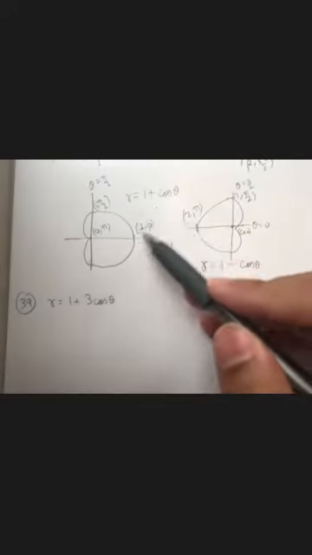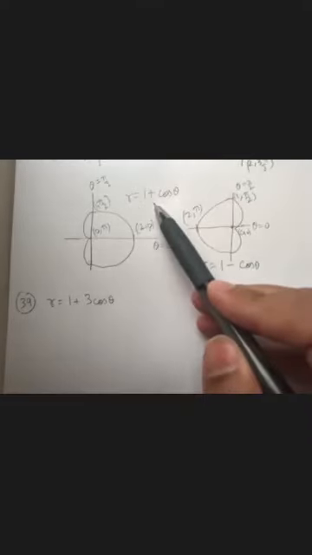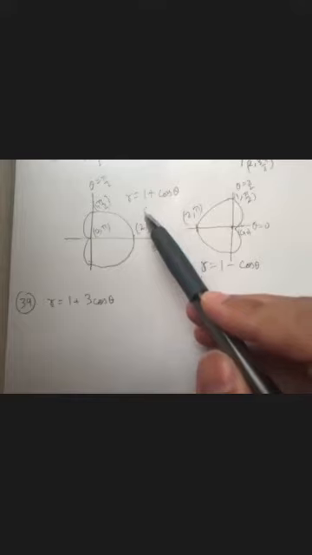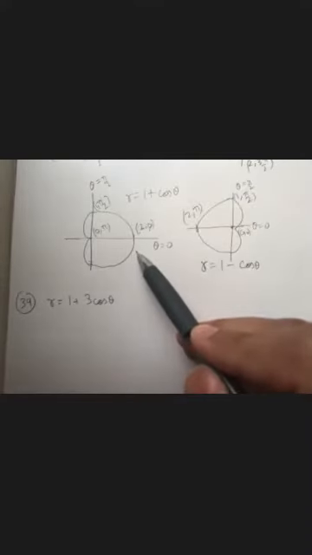The difference between this curve and the one above it, r equals 1 plus cos theta, is that we have a 3 here instead of 1. But still, in order to draw this curve, this will form our template.